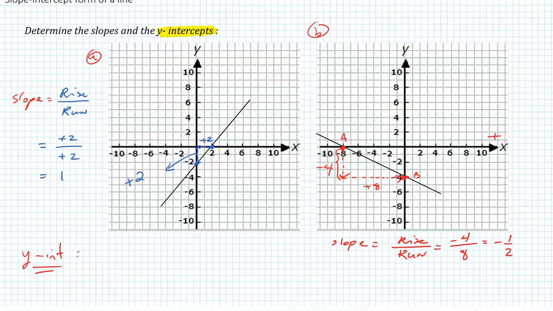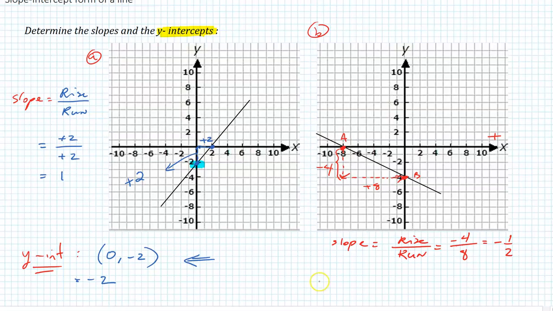Where the graph crosses the y-axis, it is right there. What is that coordinate? That coordinate is (0, -2). You could say the y-intercept is equal to -2, but in terms of the ordered pair, get used to that. The y-intercept will always have the x coordinate 0.